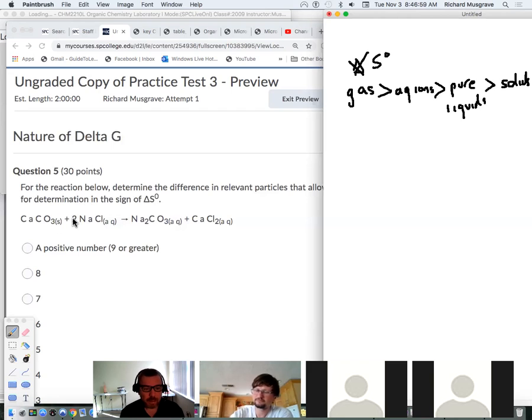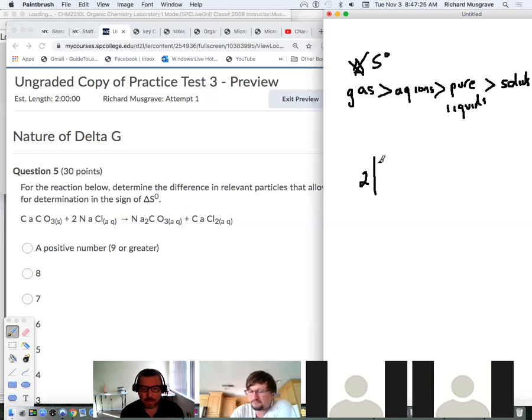So the actual states of these things are important here. And the only relevant particles are the ones that have the most contribution to the entropy. So in this instance, we're only interested in the aqueous particles. So for this one, we're not interested in the solid, and that's the CaCO3. We're only interested in the aqueous particles.